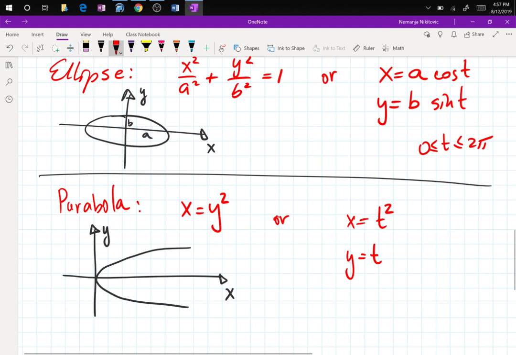You have a y equals x linear line going through the origin, and then you have an upright parabola that you're used to. So these parametric equations give you sets of functions, and then we'll see what we can do with them. It's really, really cool stuff.